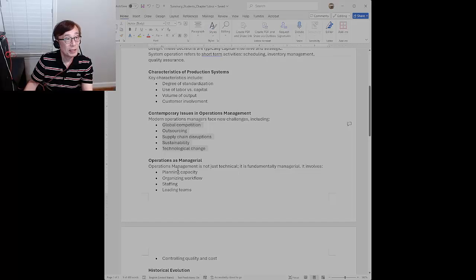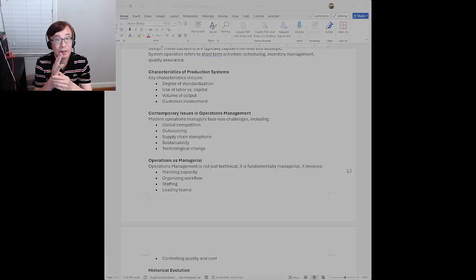And operations as managerial. What it's saying is that operations management is not just technical. It's fundamentally managerial because it involves planning, organizing, staffing, and we need to work with the team, leadership, all those things, controlling quality and costs.